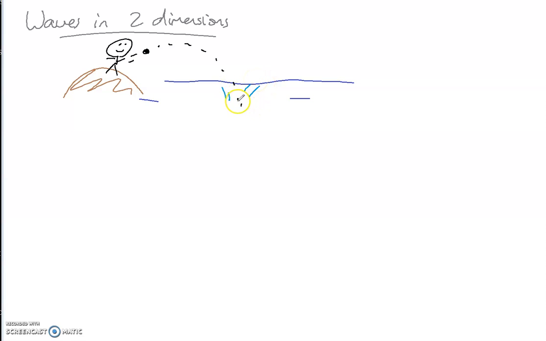The waves it makes would be little circular ripples that move out. Now when we draw these like this, those are called wave fronts, which is what the actual waves look like. When we draw the circular waves like that, those are called the wave fronts.